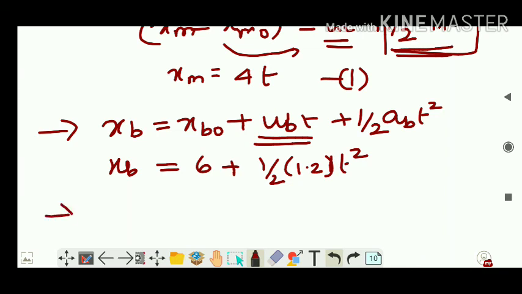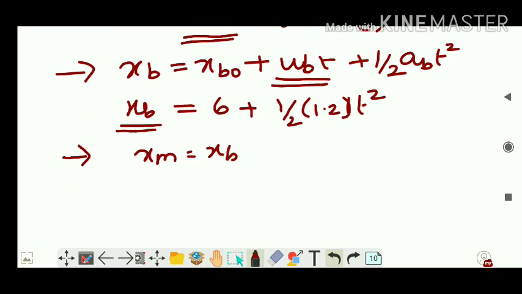Right, after the man catches the bus, xm will be equal to xb. The final position of both the bus as well as that person should be equal. So I can equate the equation as 4t is equal to 6 plus 0.6 t squared. From this equation you have to solve.